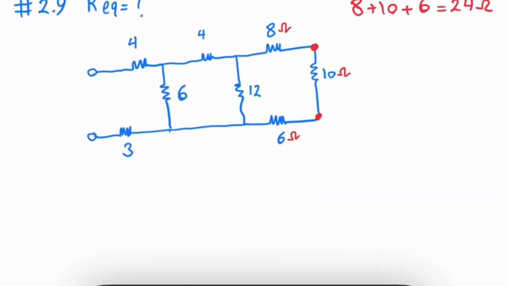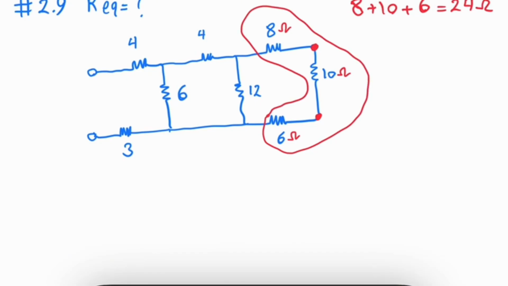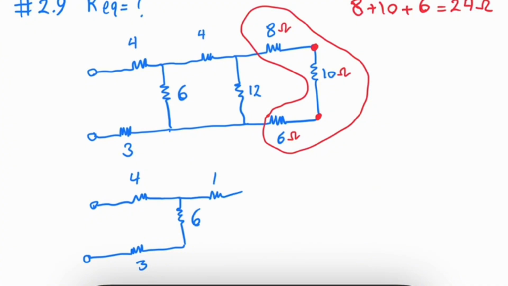Let's redraw the circuit knowing that these three resistors are in series. I can replace this circuit by the following circuit. I have a 4 ohm resistor, a 3 ohm resistor, here I have a 12 ohm resistor, and the substitute one is 24 ohm.